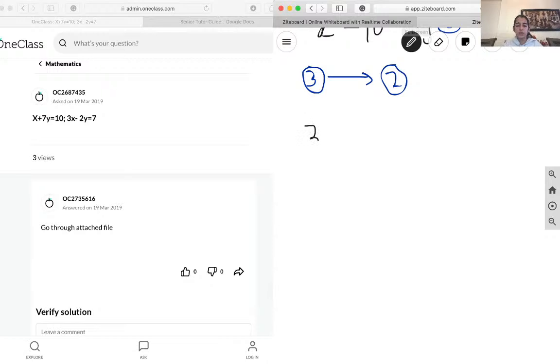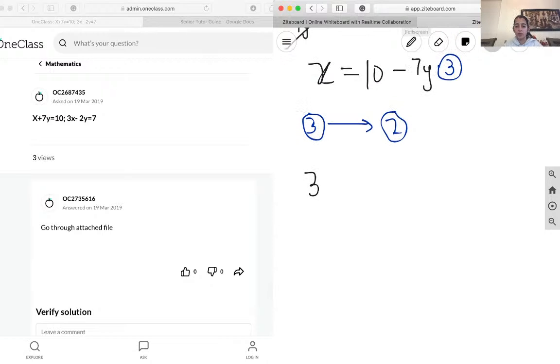For every x, you're not going to write x, you're going to write down this part, because x equals this. So in brackets I'm going to put 10 minus 7y, bracket, minus 2y is equal to 7.